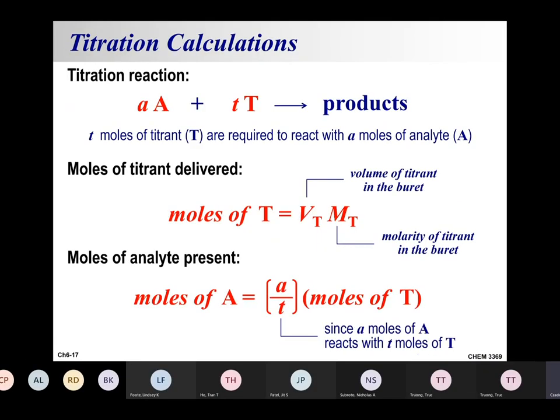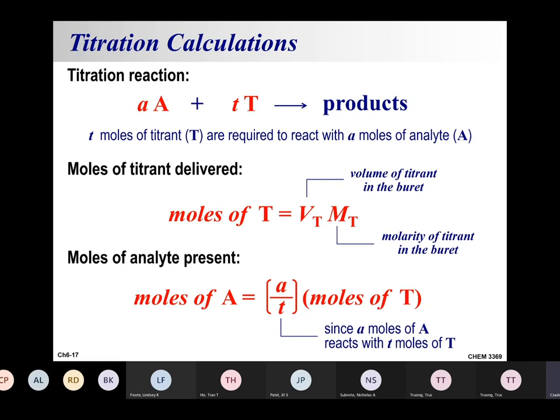So the titration calculations, it's nothing complicated, it's just stoichiometry. So if you have T moles of titrant, right, that are required to react with A moles of the analyte, this is just from the reaction, from the balanced reaction.